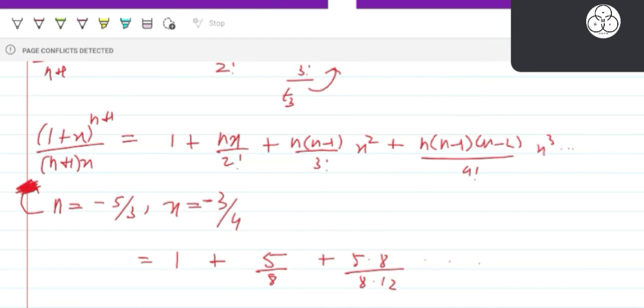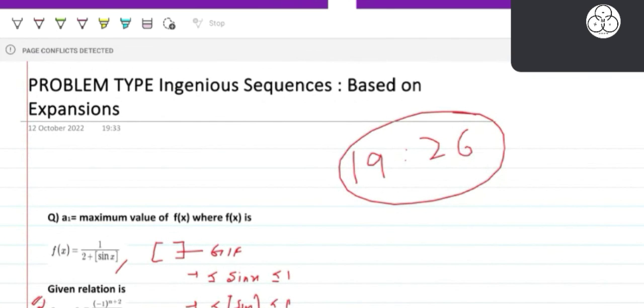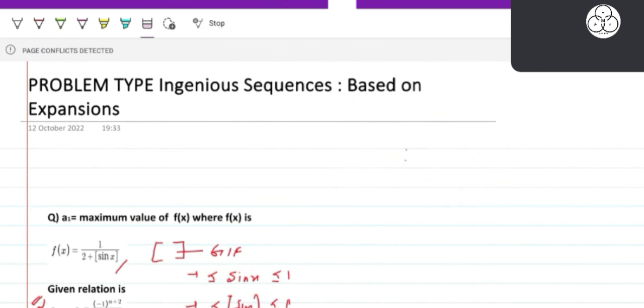So now at this point, I guess you are clear about the intention of what I have written here. Now I hope you have all understood the intention of these ingenious sequences. We have seen the application of expansion in limits.